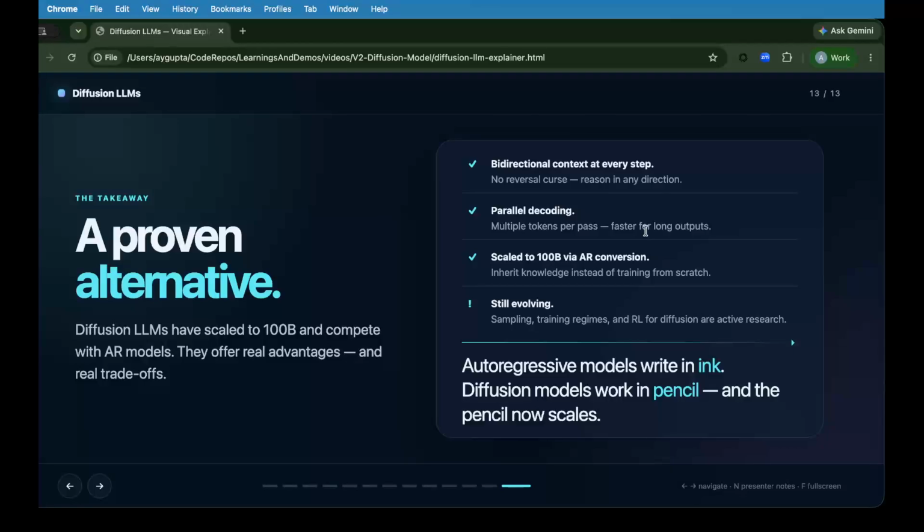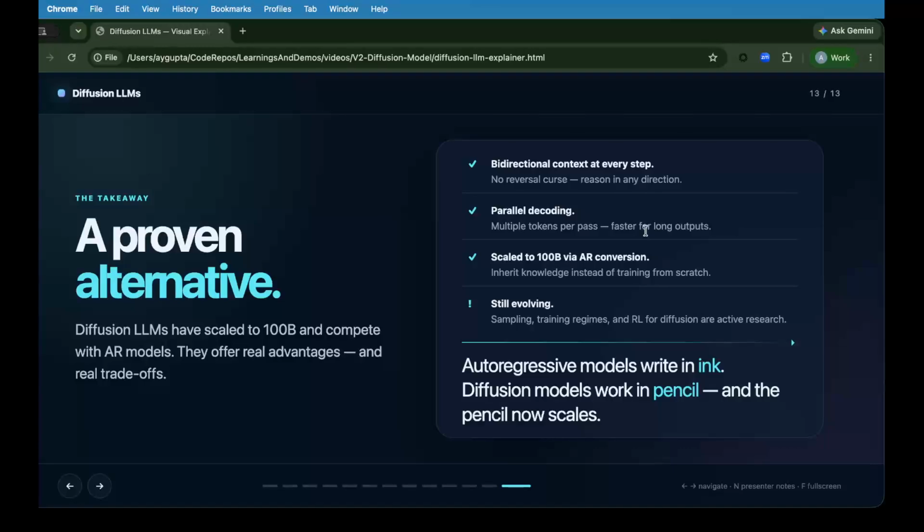Now the advantages of using diffusion models. There is bidirectional context at every step. Then there are much faster responses compared to what LLMs can give in the case of long outputs.